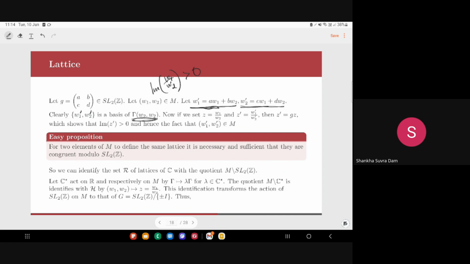And if we set z equal to W1 by W2 and z' equal to W1' by W2', we get that this thing happens, where g is this and the action is defined as before. This clearly shows that the imaginary part of z' is greater than 0, and the fact that this belongs to M.